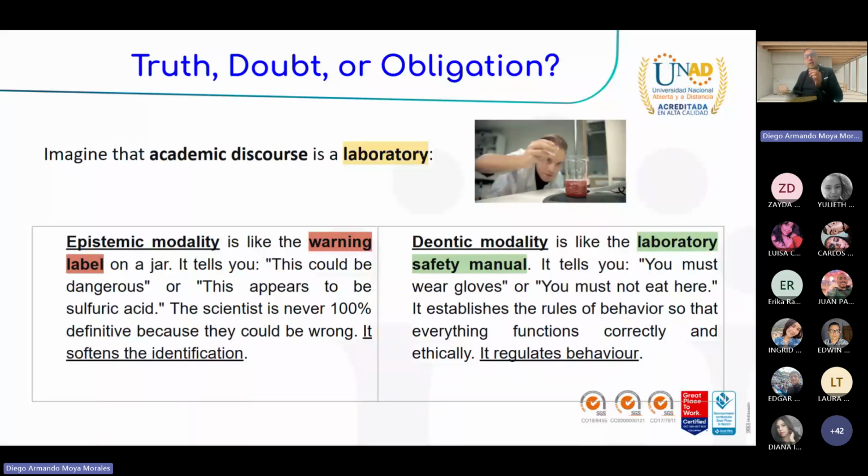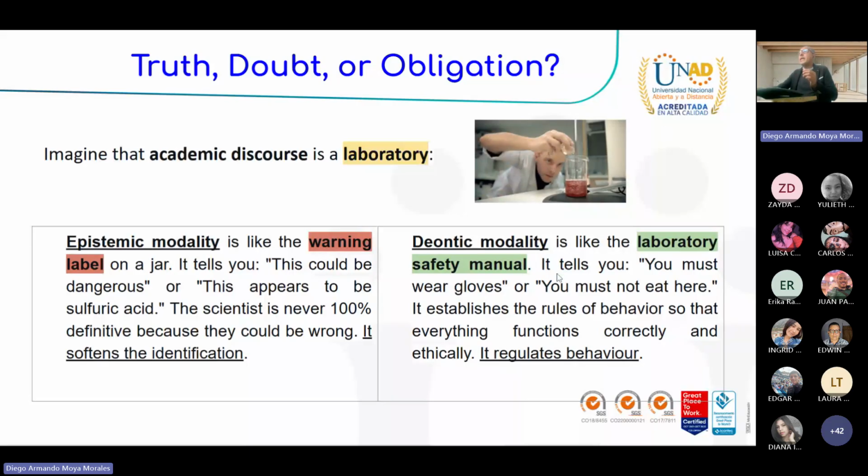And on the other hand, we have the deontic modality. In this analogy of the laboratory, it means the safety manual. So you read the manual and you understand what to do, how you can behave, how you can handle this element in the laboratory.